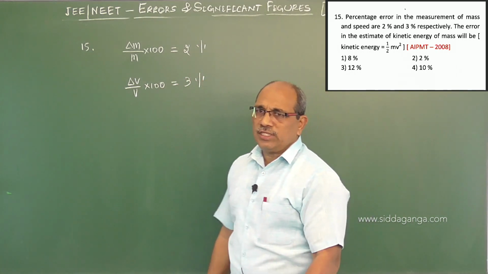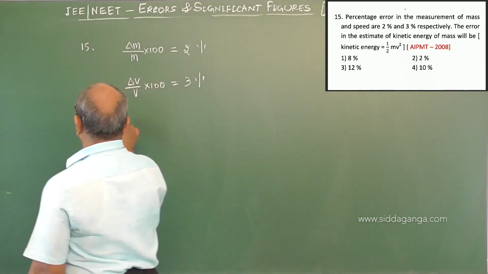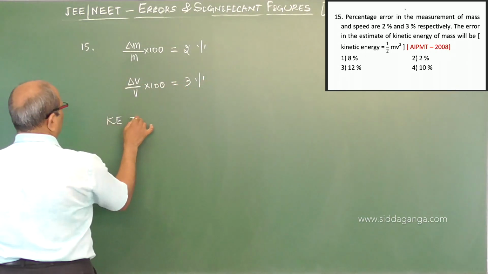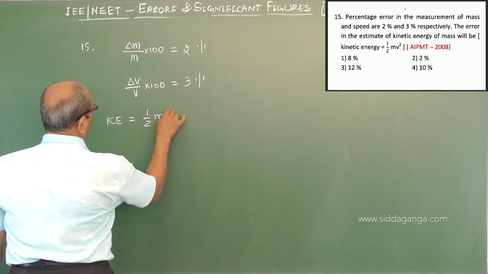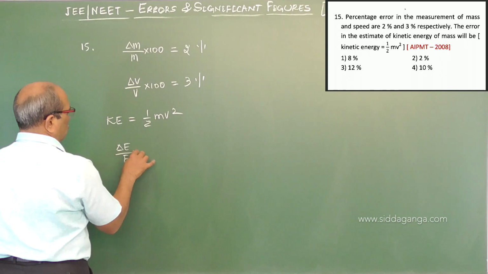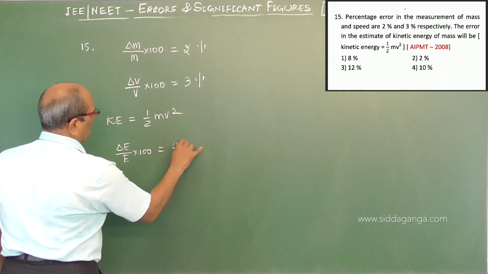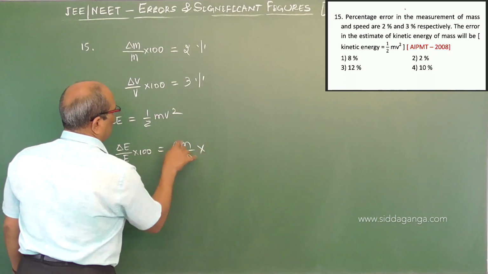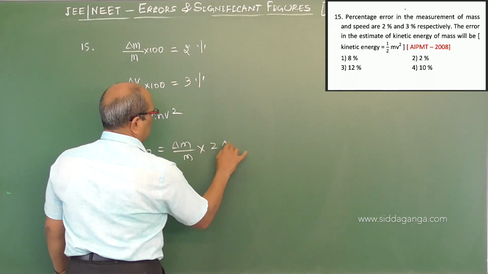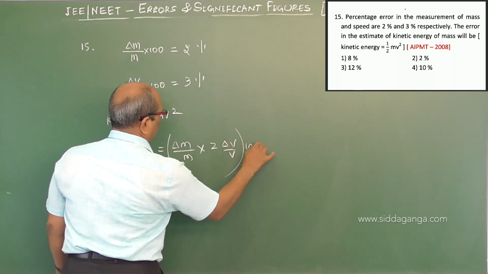The error in the estimation of the kinetic energy of the mass will be: kinetic energy is given as half mv square. If I write delta E by E into 100, the percentage error, mass contributes 1 times delta m by m, and speed contributes 2 times delta v by v, into 100.